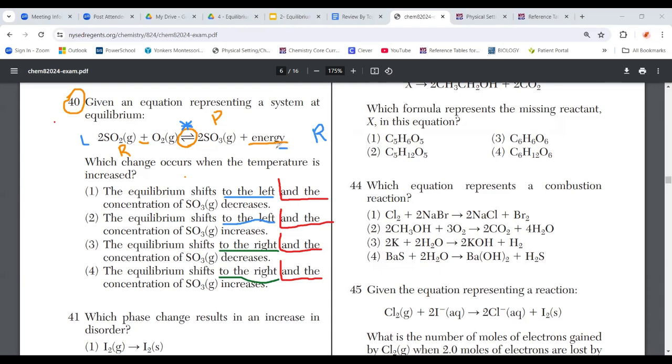But if I'm reading the reverse reaction, what the bottom arrow is saying is that if I put energy into the reaction, I can get sulfur trioxide to break up into sulfur dioxide and oxygen.